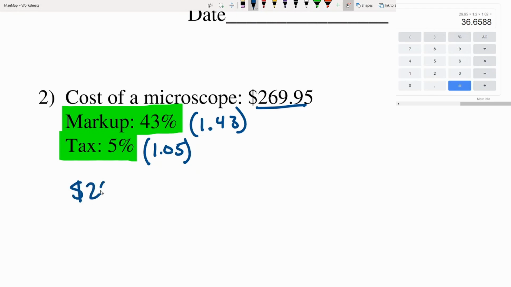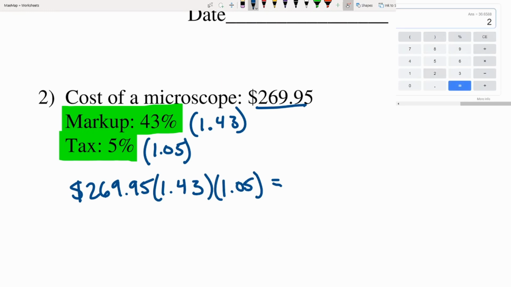So we'll have $269.95. We'll multiply that by 1.43 and then multiply that by 1.05. And the nice thing about multiplication is it's commutative, so it doesn't matter in the order we multiply. I'll just go left to right. So we have $269.95 times 1.43 times 1.05.